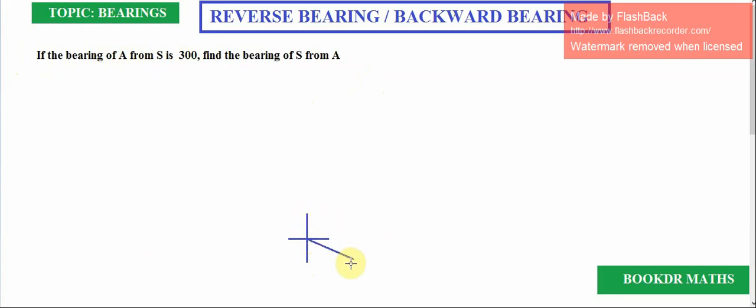Clockwise direction, 300 degrees will be here. And close the place with another compass cardinal point.